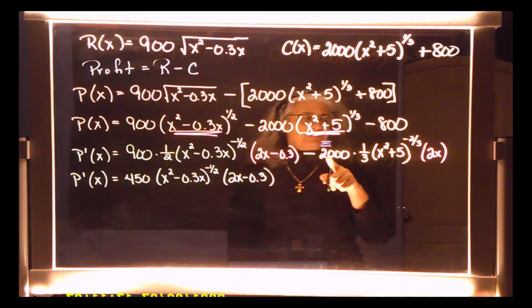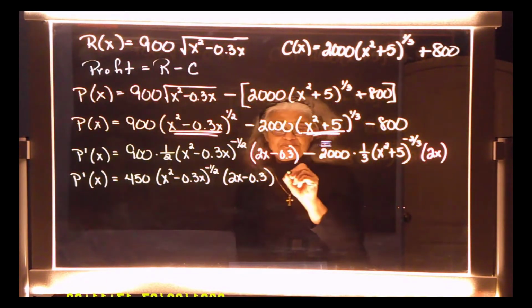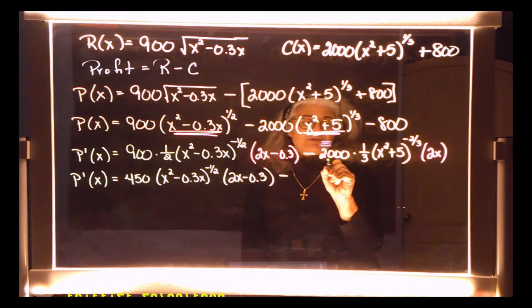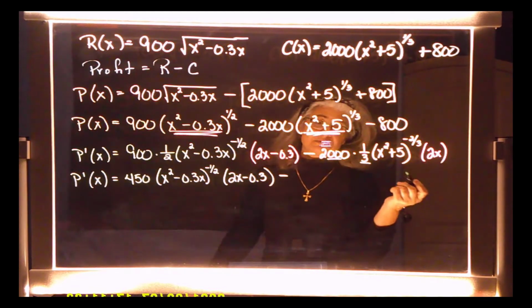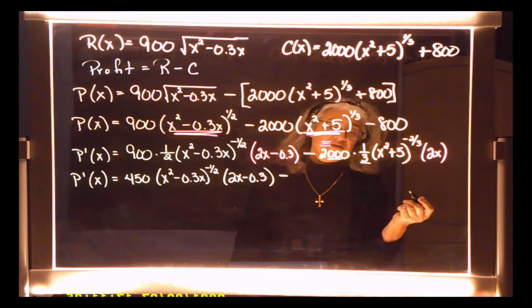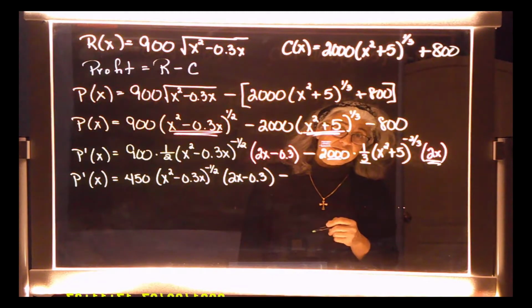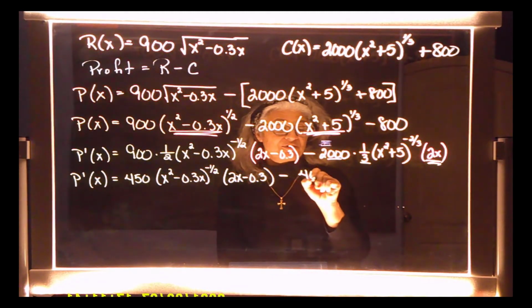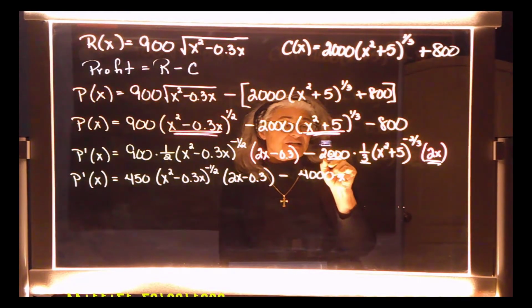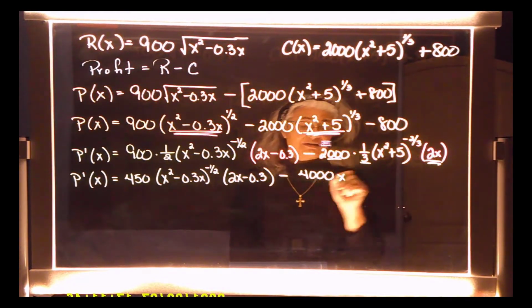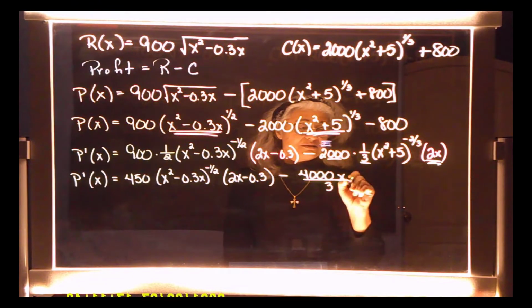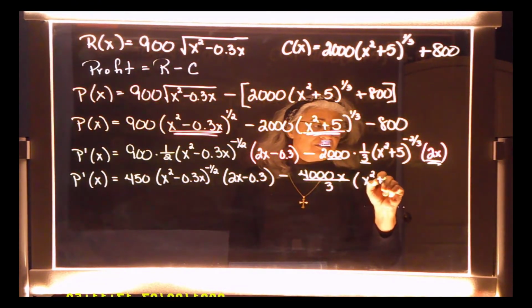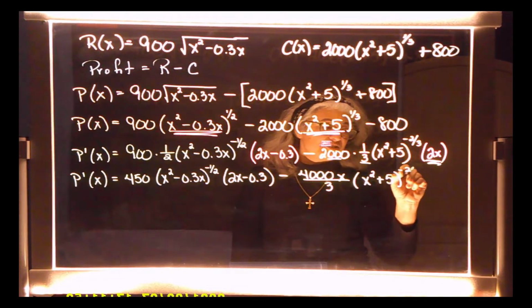And over here, oh, this is looking rather fun. So I've got 2,000 times a third. Well, that's just going to be 2,000 over 3, right? Times another 2x. Yeah, so that's going to be 4,000x over 3, right? 2,000 times 2x divided by 3. And then we have the x squared plus 5 to the negative 2/3.